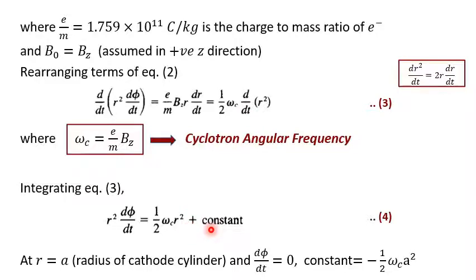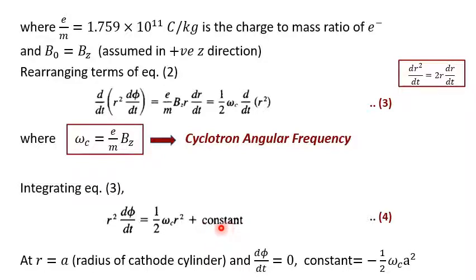Now, in order to find this integration constant, at r equal to a, where a represents the radius to the edge of the cathode, d phi by dt is equal to 0 because your electrons are emitted from the cathode surface. Using this condition, when you substitute r equal to a, the term d phi by dt becomes 0, so you can solve for the integration constant.